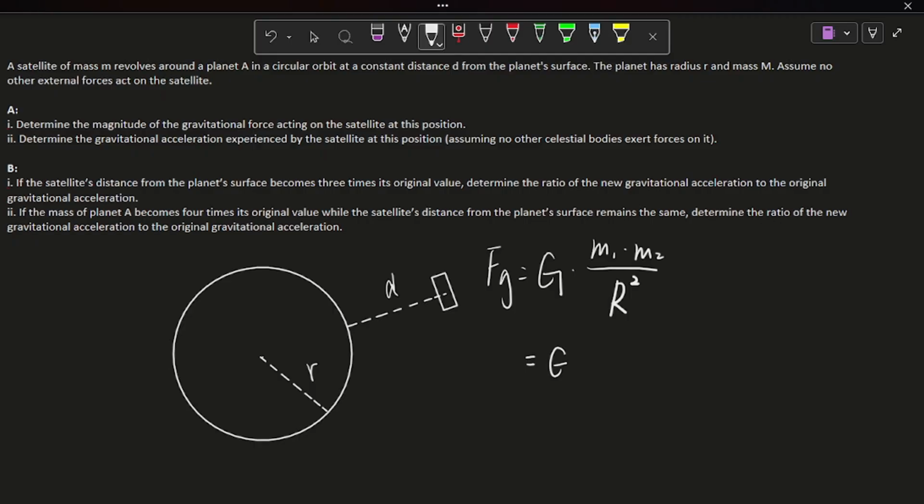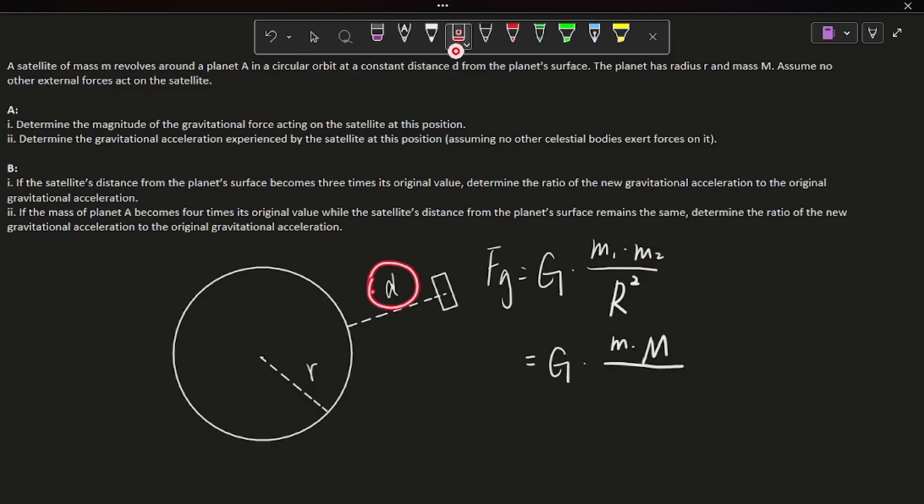It's equal to G times, what's the mass of the satellite? It's lowercase m, right? So we can write it down: m times the mass of the planet, capital M, over the distance between their centers of mass.